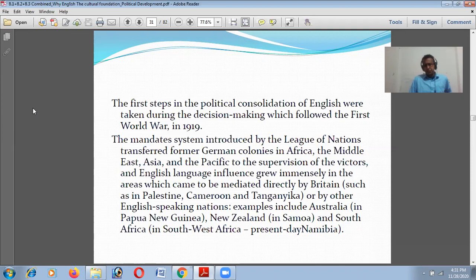Examples include Australia, Papua New Guinea, New Zealand, South Africa. That means some international organizations were established after the First World War.